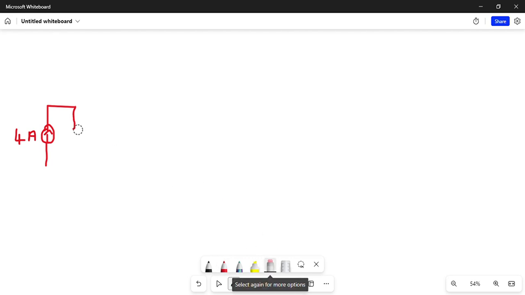I need to write the diagram. So first current is 4, second current is 6, third current is 3, and the fourth current is also 3. Right? You have to remember that. I will write it in a neat and clean manner. Please give me some time to write the diagram. It takes me some time.